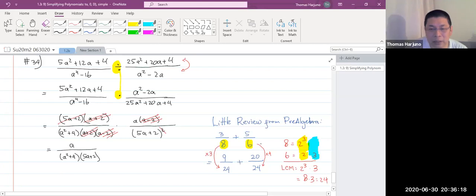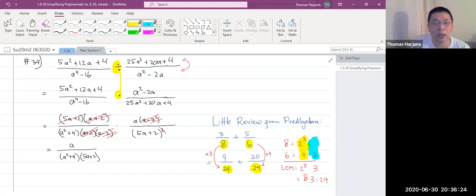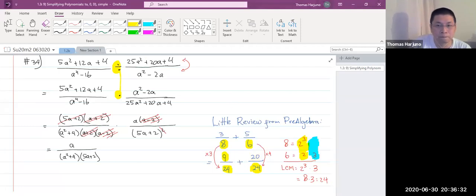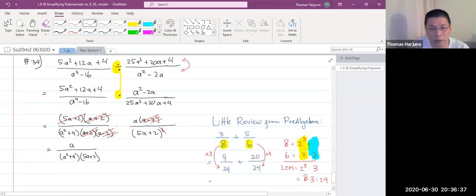Okay, so we basically find the LCD first, and then adjust the numerators. Then we can add, or in other cases, subtract. So this will be 29 over 24.